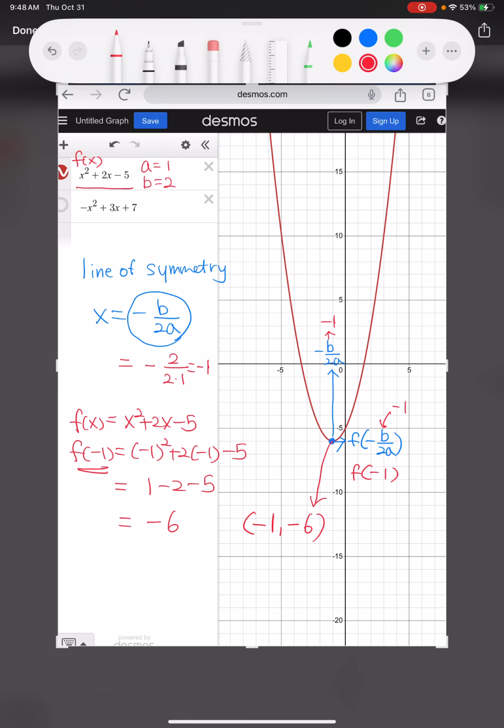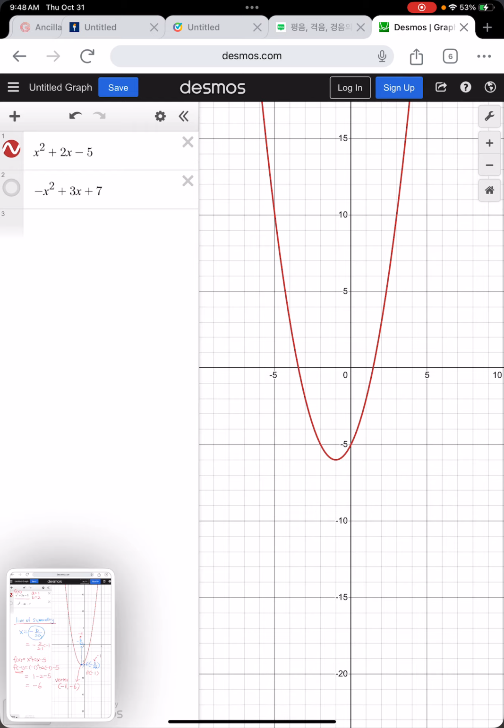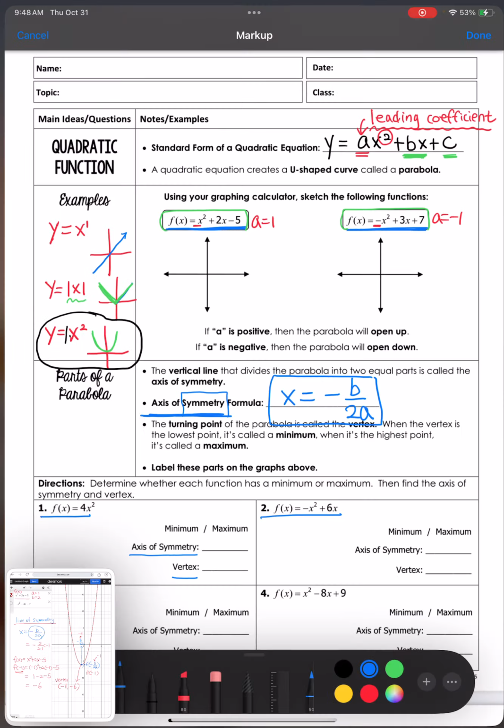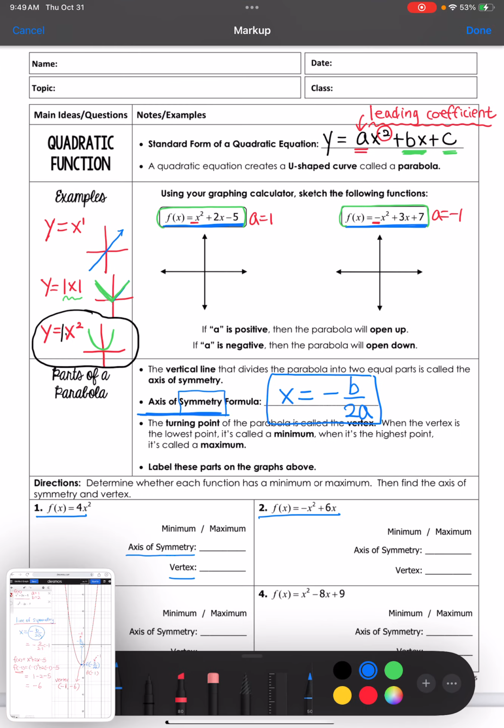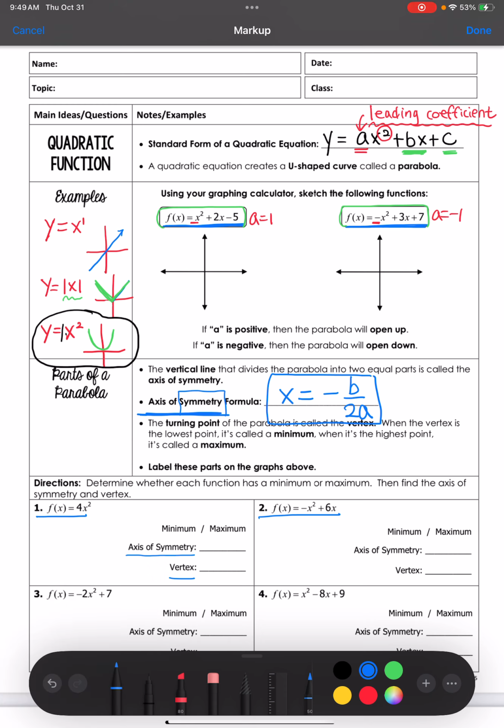Okay? So I want you to find the vertex and the line of symmetry for the next 4 examples. So let's go back to our paper here. First, you need to know what the a and b values are in this equation.